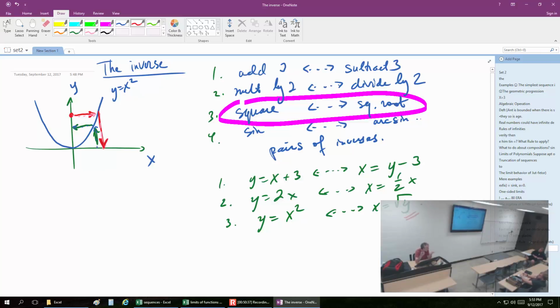Sounds good, but what's the problem? Look carefully at this point. So once again, from that point, you're supposed to go horizontally until you hit the graph. You see the problem?